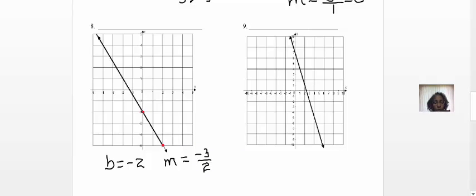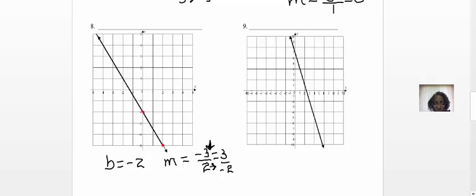Similarly, I could have moved 1, 2, 3 units up. And then I would have needed to move 1, 2 units left. So notice how whichever way I decide to go from that y-intercept, one of the movements is positive and the other movement is negative.